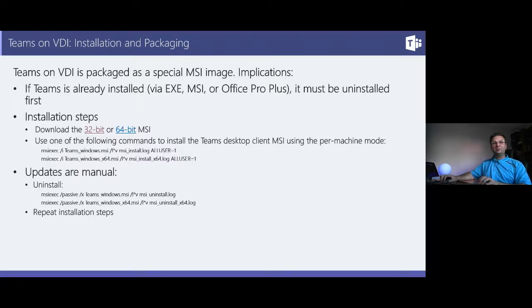When a new Teams MSI client version is available, the VDI administrator would need to follow the steps outlined on this slide and uninstall the old MSI version, and then deploy the new MSI client version of Teams into their golden image.